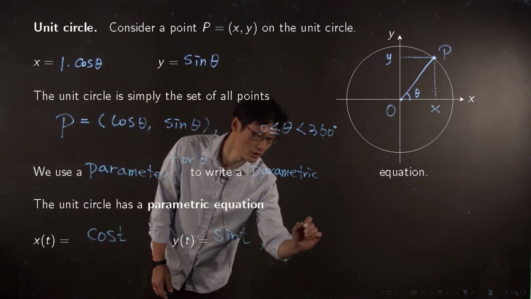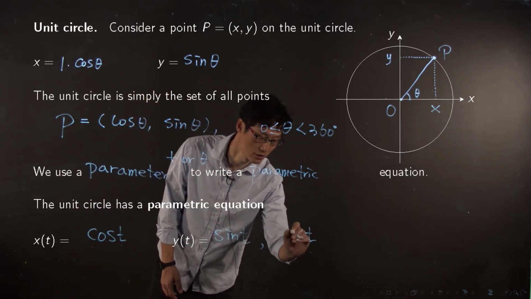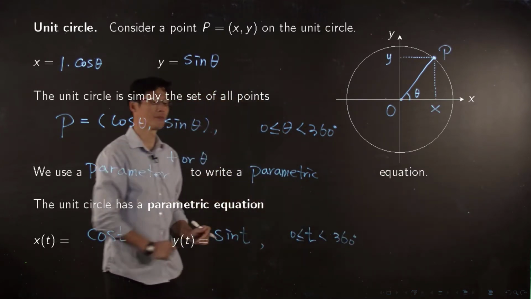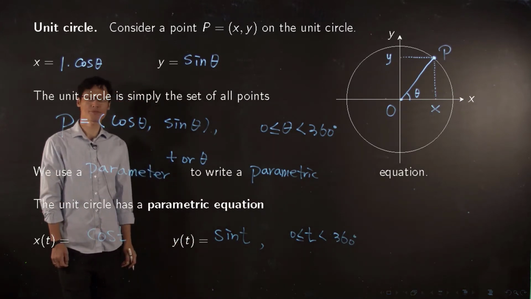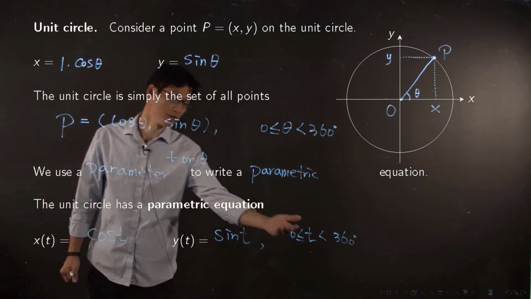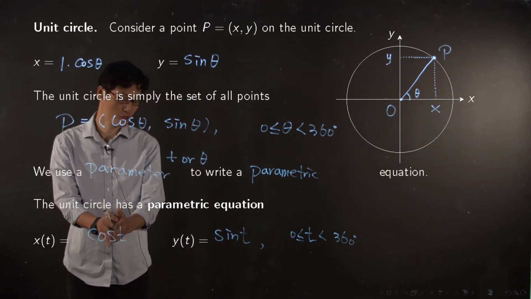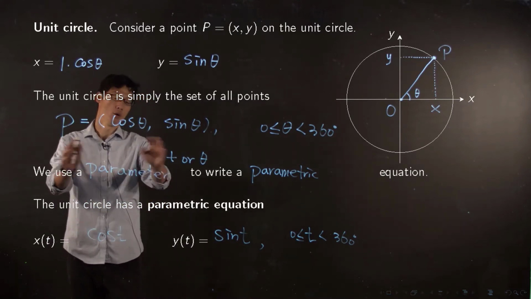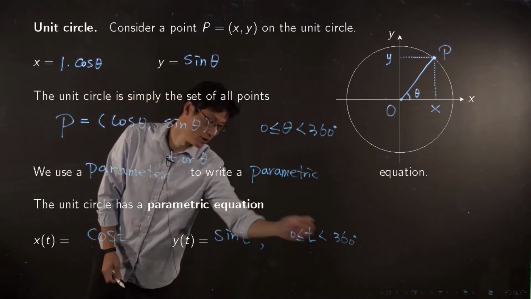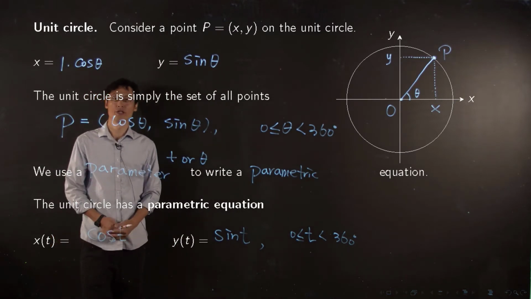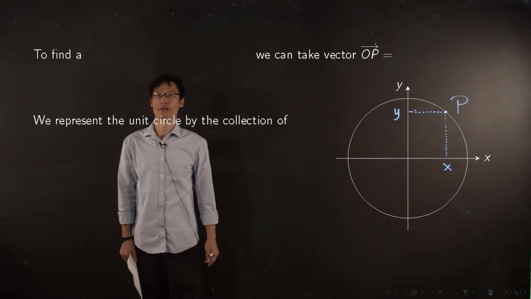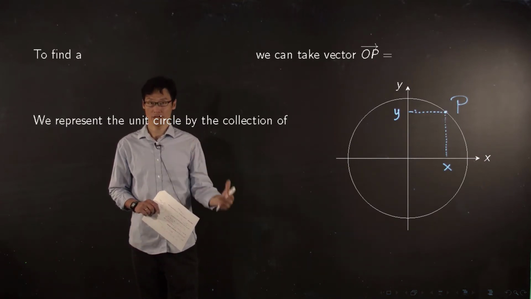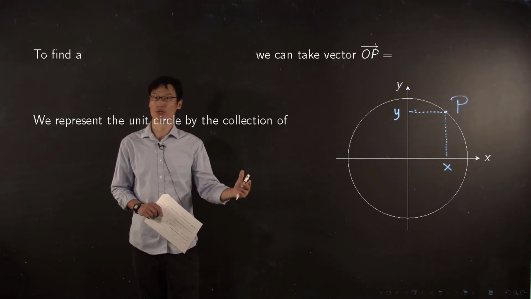Here, t is between 0 and 360. Again, by letting t be any number, you can express all the points on the unit circle. So you are collecting all the points of this form where t can be any number between 0 and 360.